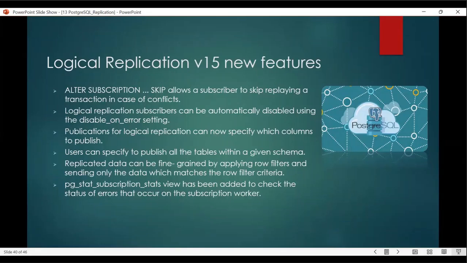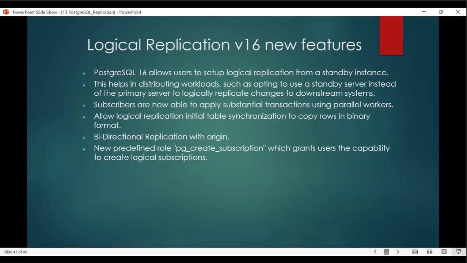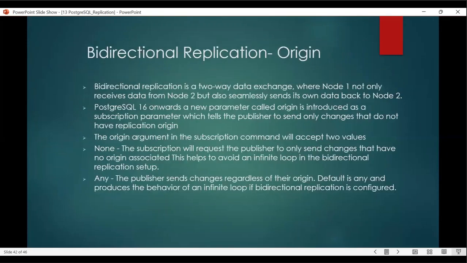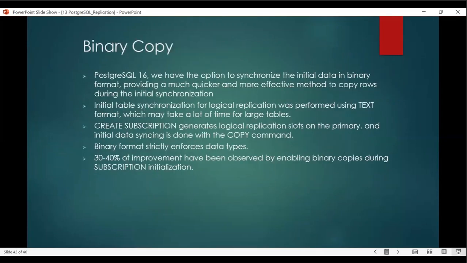Hey, one question from me. Suppose this is the standby, and from standby also we can create replication to some downstream somewhere else, right? Yes. So how will that be handled in case of a switchover? If you do a switchover of primary to standby? Yeah, if you do a switchover, you have to break the replication. You have to disable the publication, and once you do the switchover, later you can add it again.